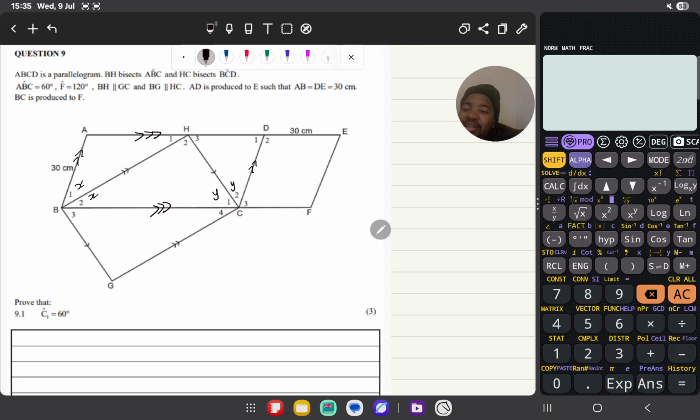Yeah, and then try it. Angle ABC, they say it's 60 degrees. If that angle is 60 degrees, that means x is 30 degrees, right? Together they make 60 degrees, ne? And now they say f is 120 degrees, and here's f, ne? 120 degrees.